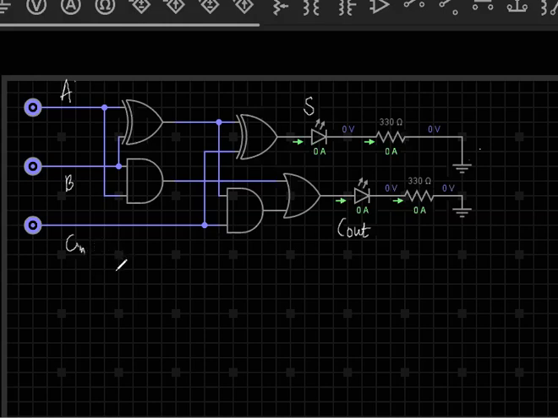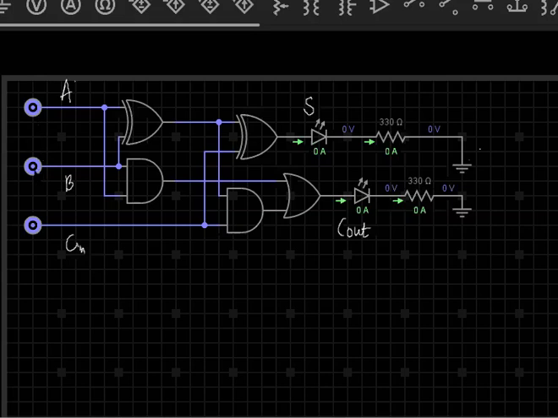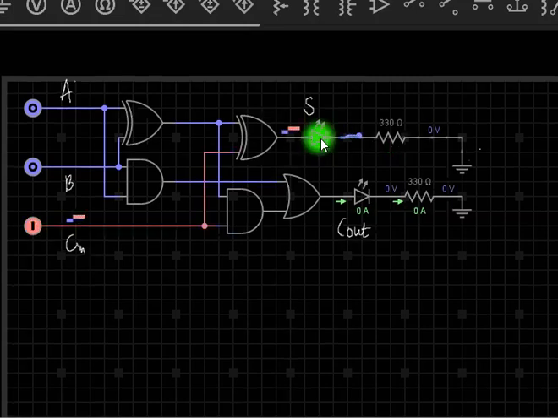And when we add 0, 0, 0, the sum and carry are both low. Okay, then the next one, when A and B are low and C is high, then sum is high and carry out is 0.